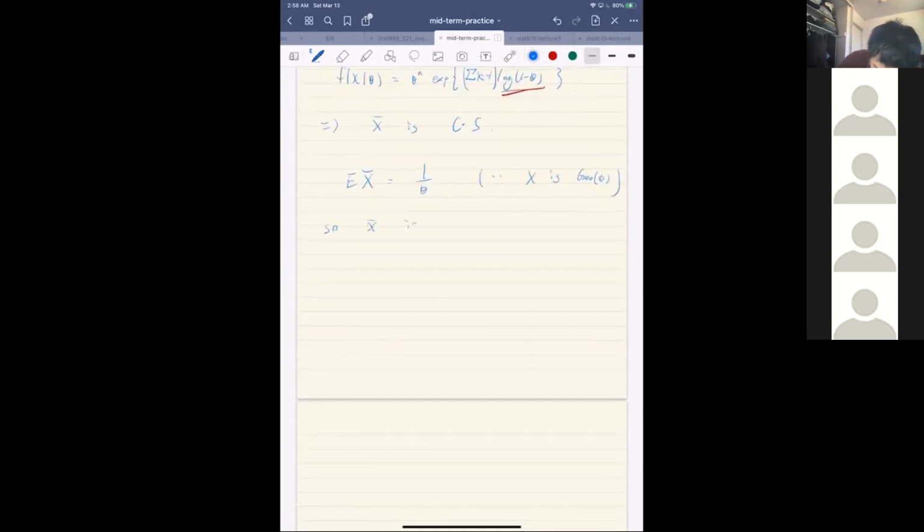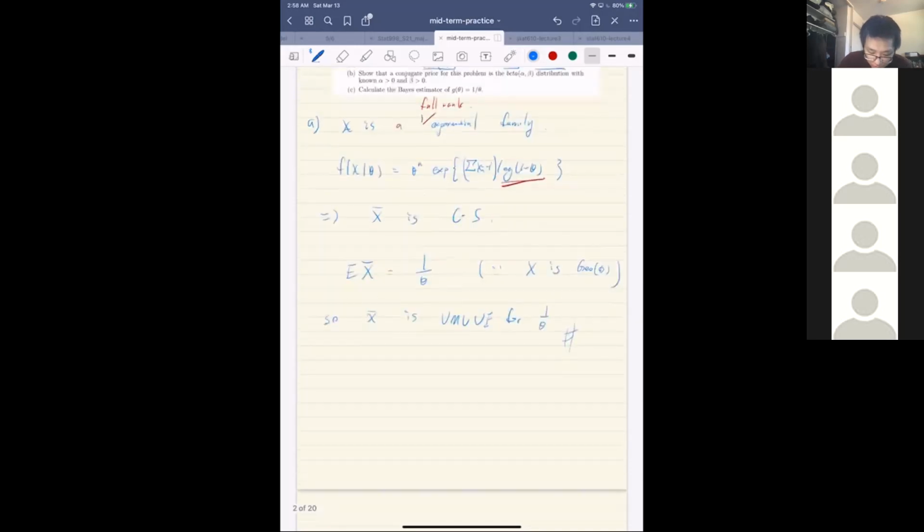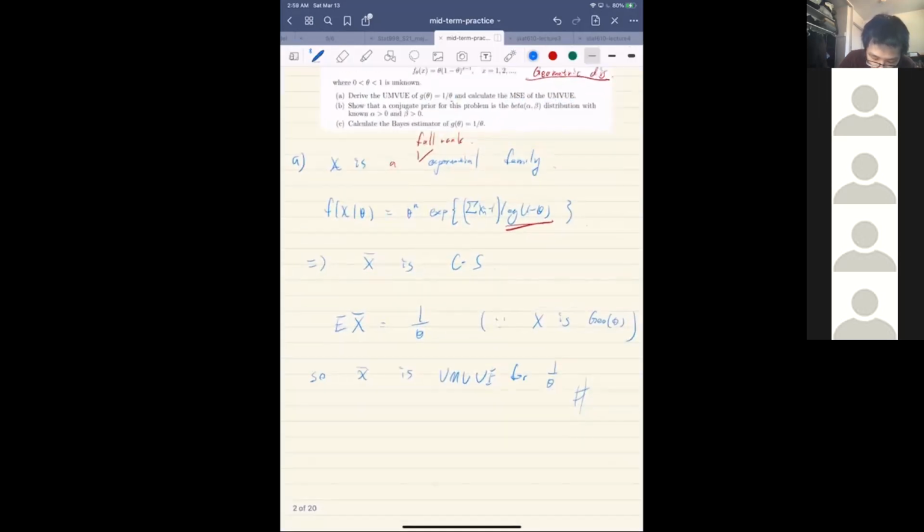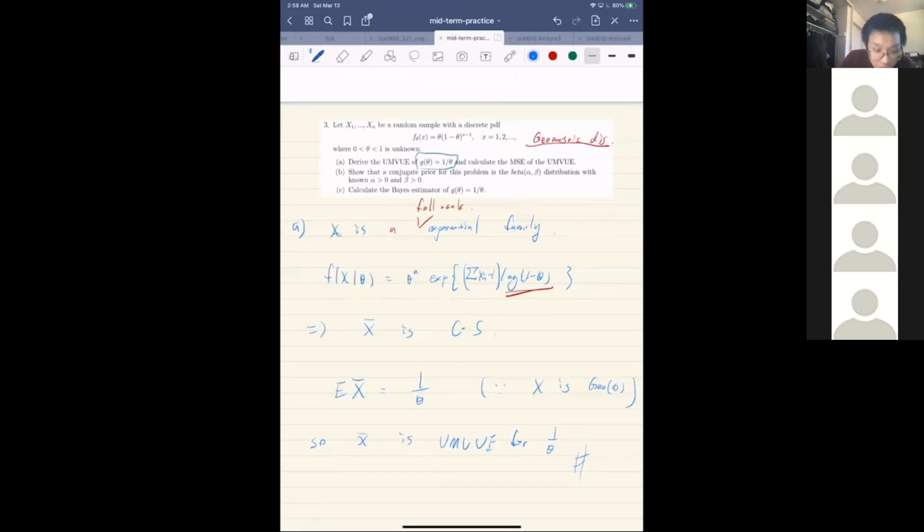So S bar is usually the estimator. Sometimes we may ask you to find the UMVUE for a function of theta. So make sure you know the target before you find an UMVUE. If in this case you want to find the UMVUE for theta, that will be very hard. But the one for 1 over theta is easy. So make sure you know your target.